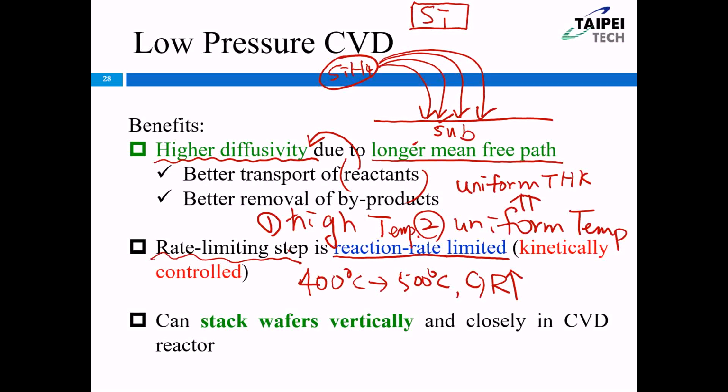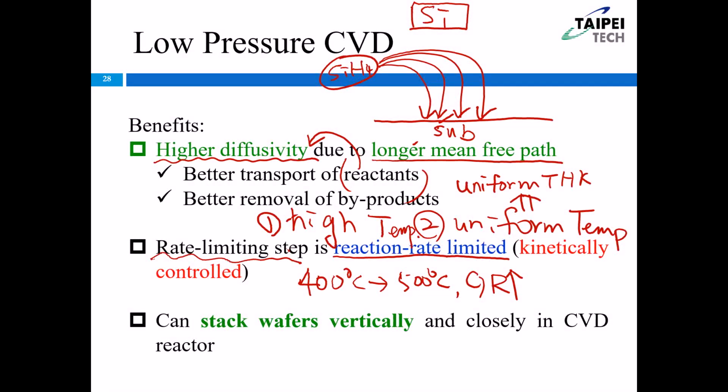Right now, the gas flow rate is not so important because we have a lot of reactant on the silicon wafer. So we can stack wafers vertically. We don't need to lay our silicon wafers flat like in APCVD, because the gas flow is not so important.